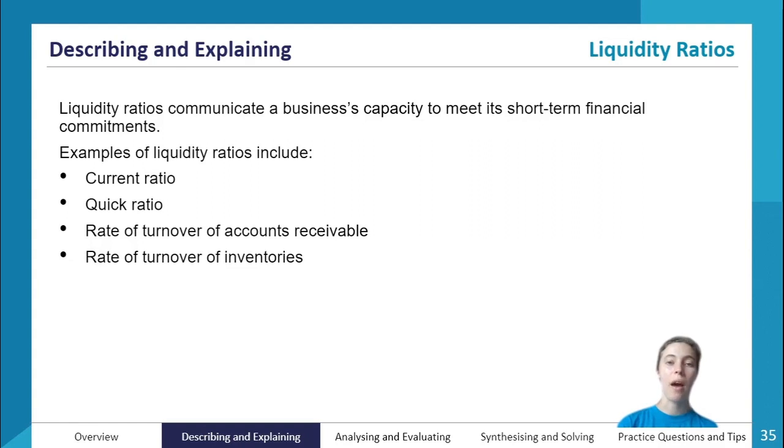So when you think about the statement of financial position, we list our current assets and we do so in order of liquidity. If you've got cash in hand, so physical cash, that is very liquid because it's right there. You can literally give it to someone to pay off a debt or to purchase something.